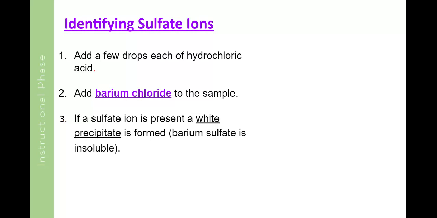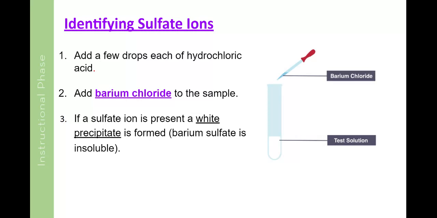The reason you get a white precipitate is because the sulfate ions will react with the barium, so it actually forms barium sulfate, and the barium sulfate is an insoluble precipitate, which is white in colour.